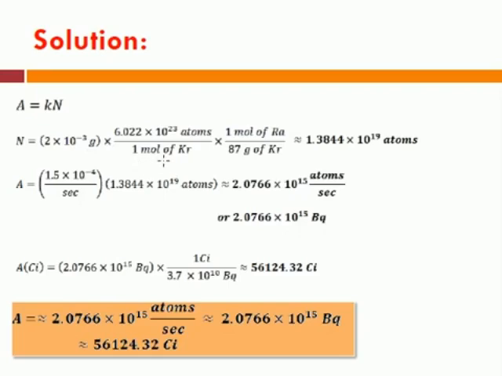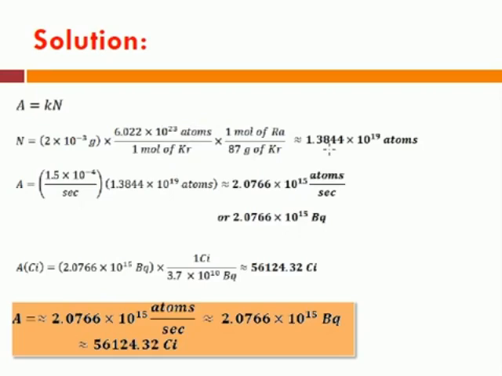So, in 1 mole of krypton, we have 6.022 times 10 raised to 23 atoms. Please correct this one, it should be krypton. So in 1 mole of krypton, we have 87 grams of krypton. So cancel the mole of krypton and then cancel the gram here. So the remaining unit will be atoms.